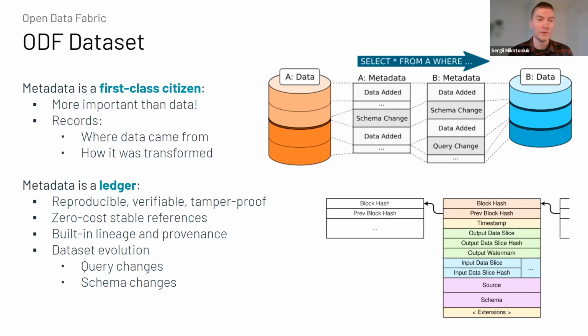This creates very nice properties, one of which is zero-cost stable references. You no longer need to version your data, and you no longer need to copy data to ensure reproducibility of your data projects. All you need is just this offset in the ledger and you're done.